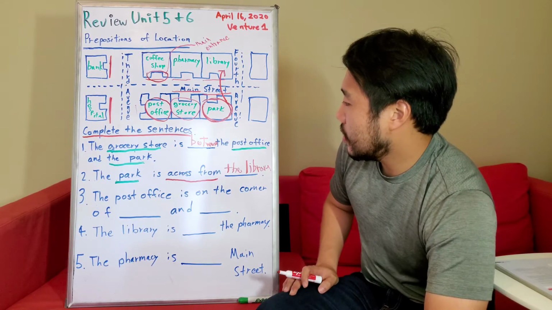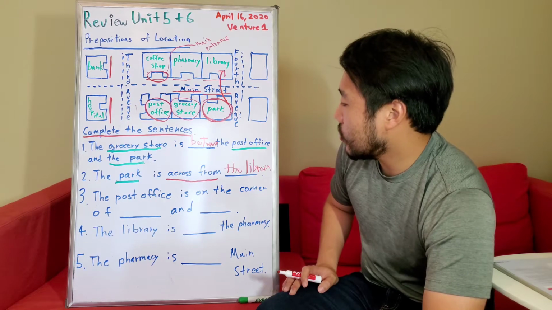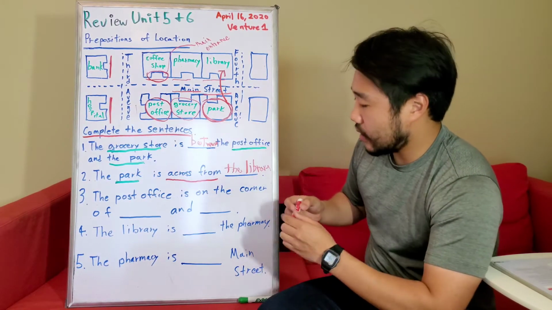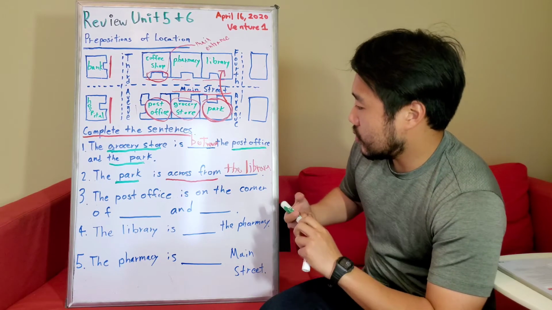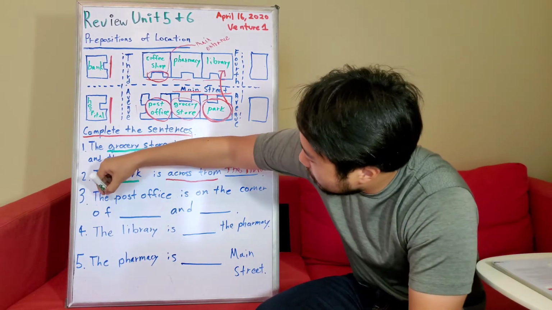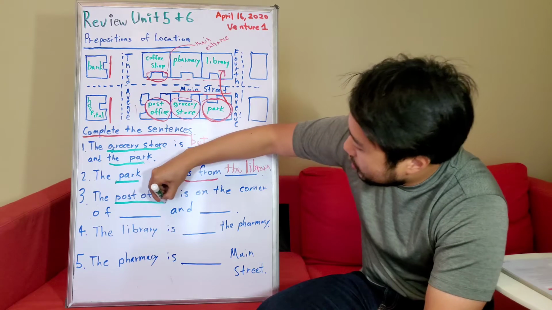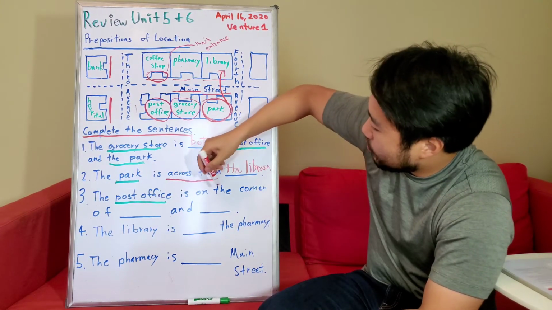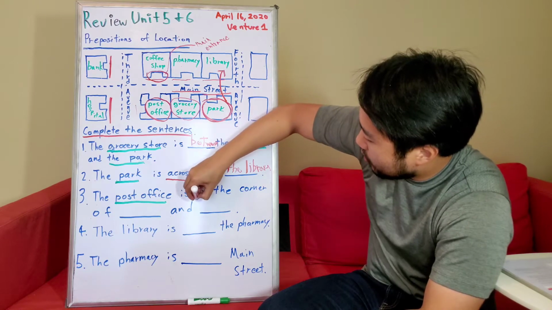Let's see. Number 3, the post office is on the corner of blank and blank. So the post office, and the preposition is on the corner.